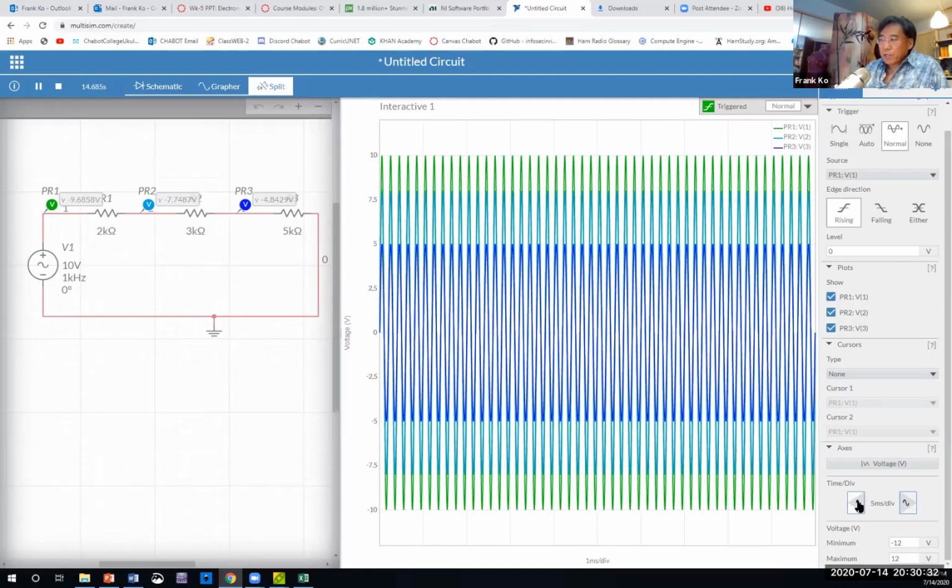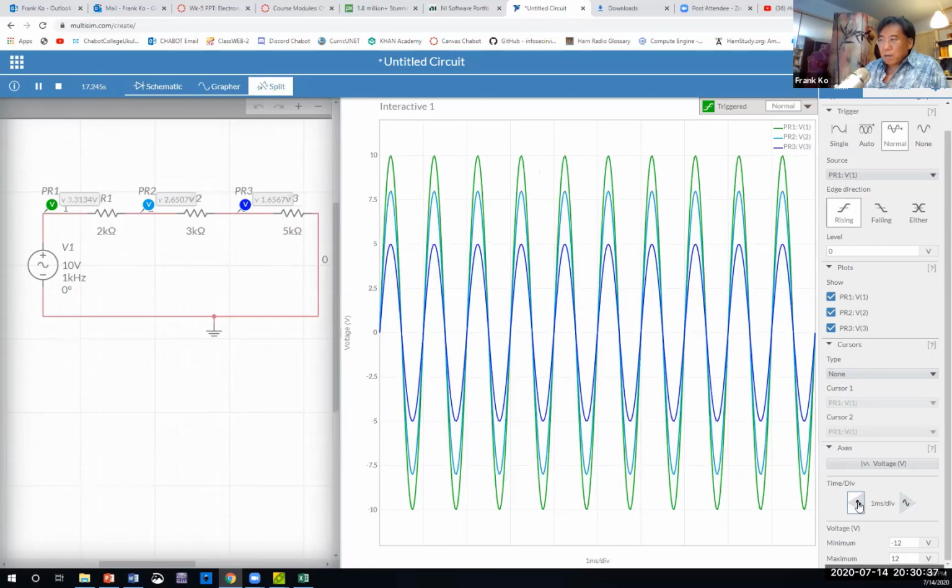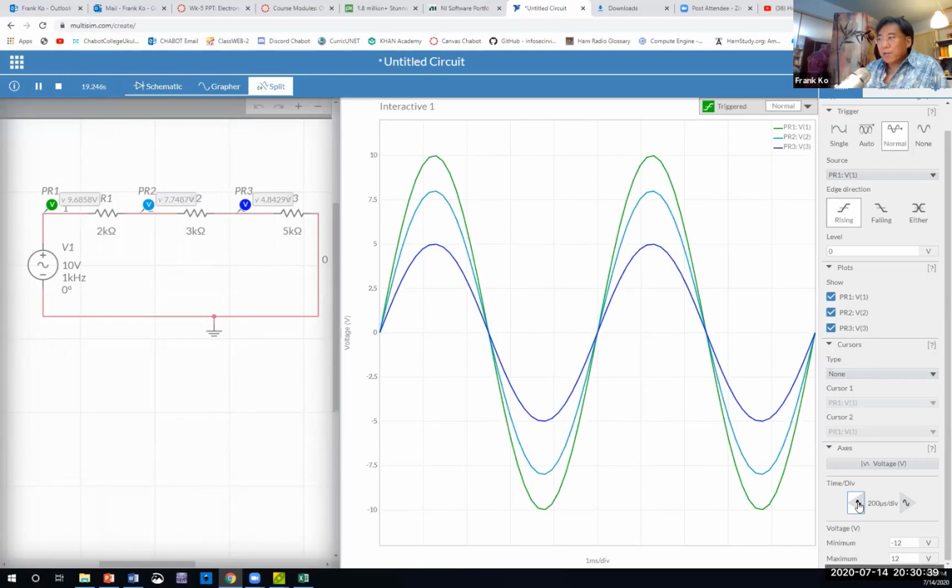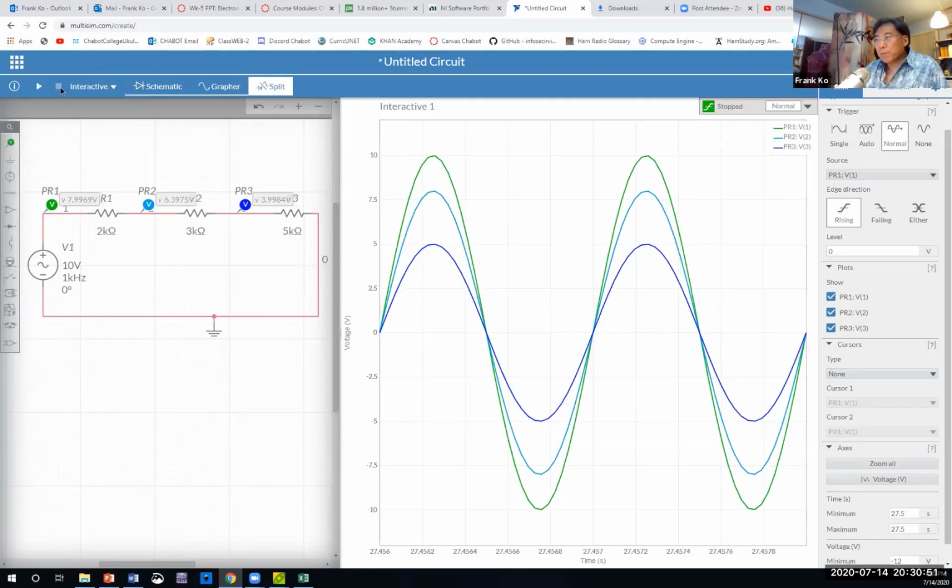So if I adjust my time per division button here, I can create an easier waveform for us to read. Yes? Nice. Very sweet. Okay, at this point, I'm going to stop the run because my waveform is nicely displayed.